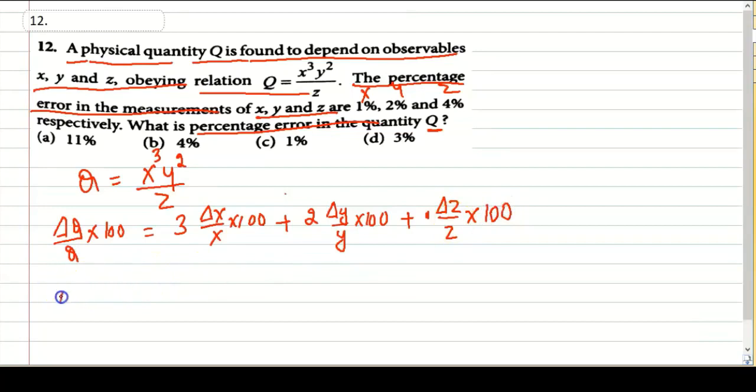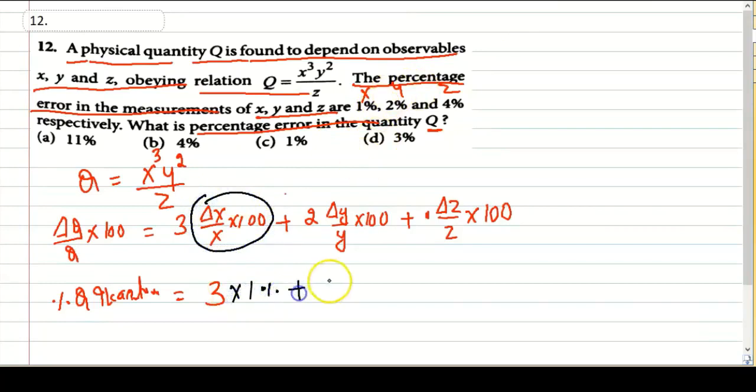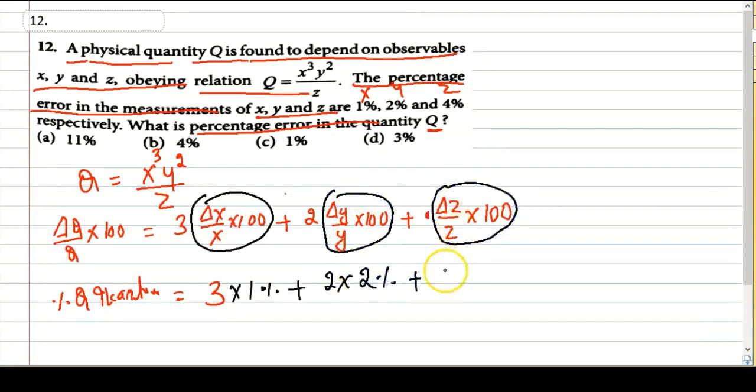So the percentage of error in Q is 3 into 1% plus 2 into 2% plus 1 into 4%.